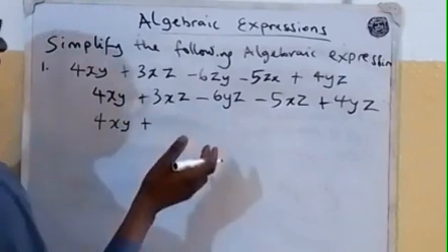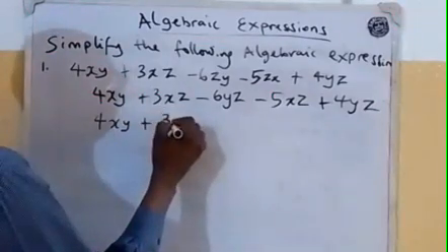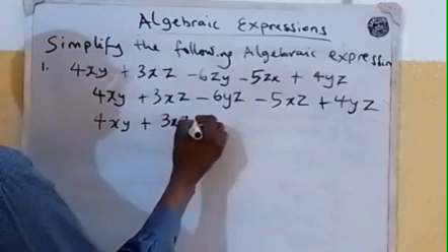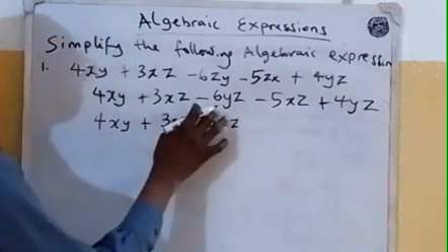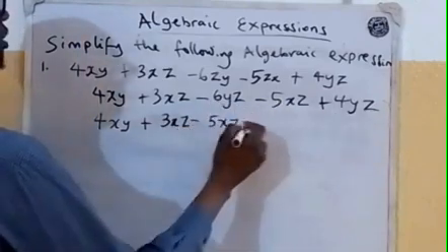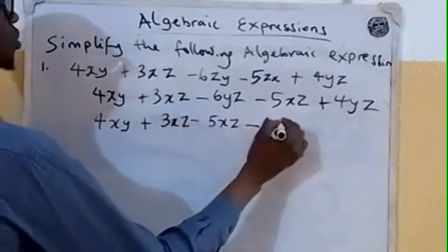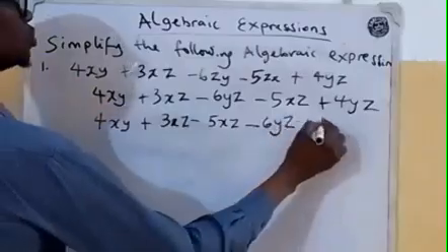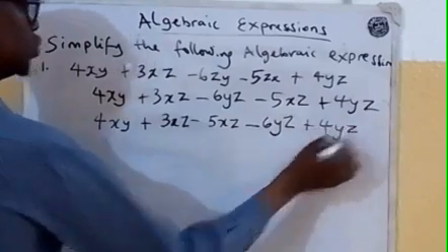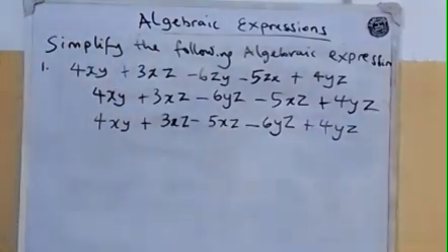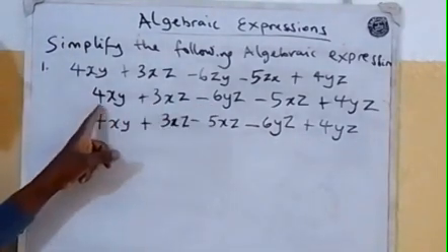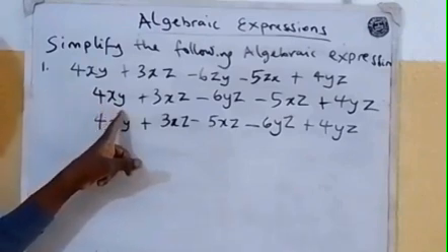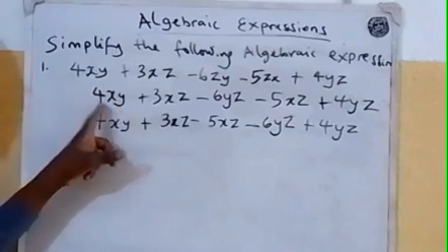I'm collecting like terms, that's what that means. 3xz, then minus 5xz. Then I now have yz and yz: minus 6yz plus 4yz. Note that when collecting like terms, you are also moving the operation symbols with them, because the coefficient is the number and symbol before the variable.